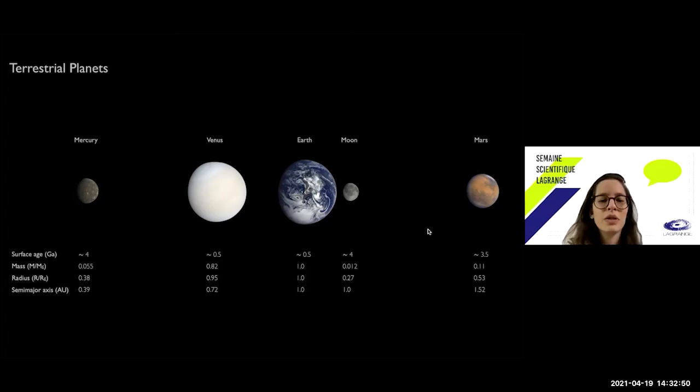And what we can clearly see in this figure, where the sizes and the distances are roughly to scale, is that Venus is the planet with the most similar distance to the Sun as the Earth. It has a distance of 0.7 AU. Also, the size of Earth and Venus are very similar, and the masses of these two planets, so the composition of these two planets, are very similar.